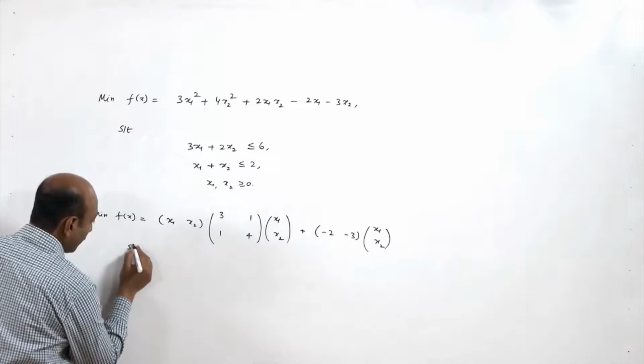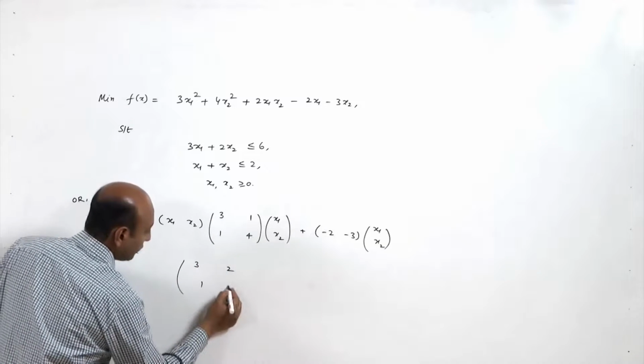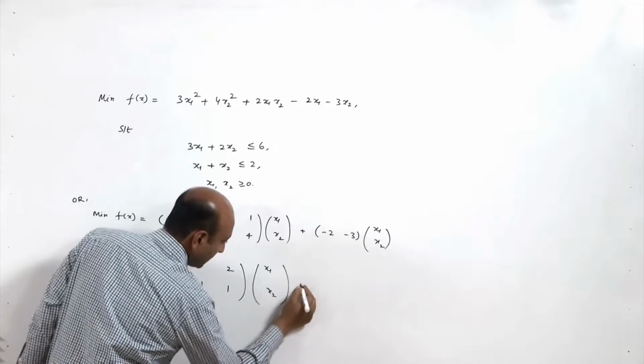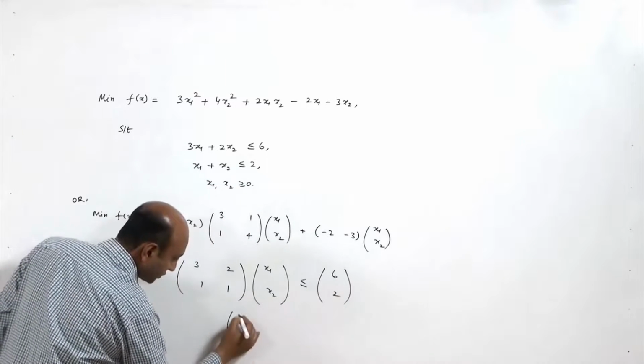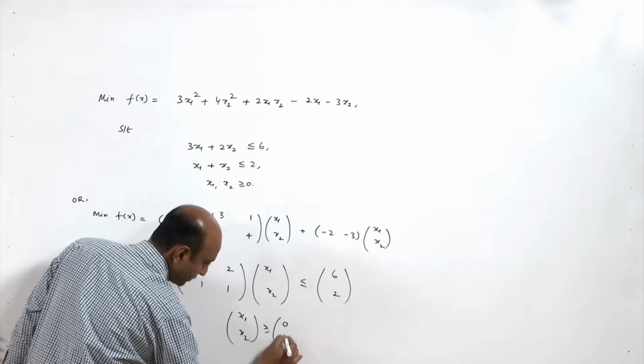Subject to the conditions: the matrix 3, 2, 1, 1 times x1, x2 less than or equal to 6, 2, and x1, x2 greater than or equal to 0, 0.